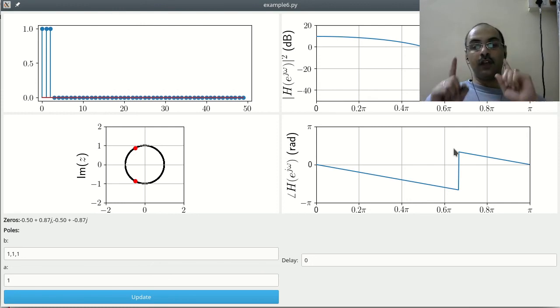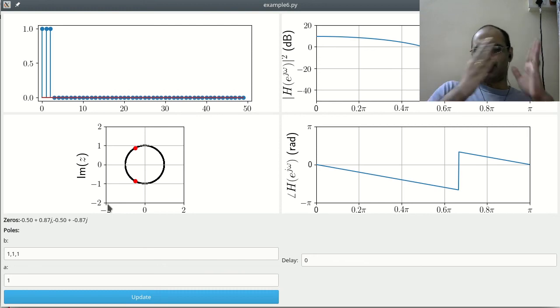The group delay is defined as the derivative. If you find the derivative over here, you will find that the derivative is exactly 1 for this filter. Group delay is exactly 1 because it's basically a symmetric sequence convolved with e power minus j omega, so you get a group delay of 1. If you perform a derivative to the right, you get a group delay of 1.